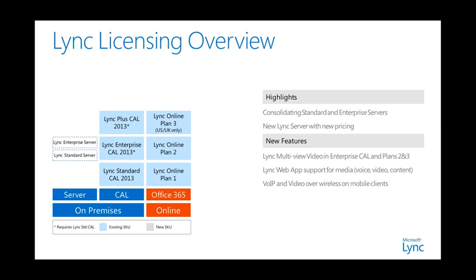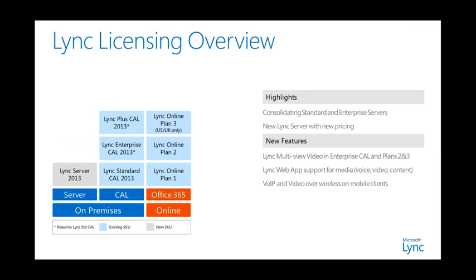With Lync 2013, these have now been consolidated into one single server license, Lync Server 2013. One server license is required for each server role that you're deploying, per server. To connect to Lync, you do need client access licenses for either all of your users or all of your devices, and I'll go on to the user and device bit in a little while.